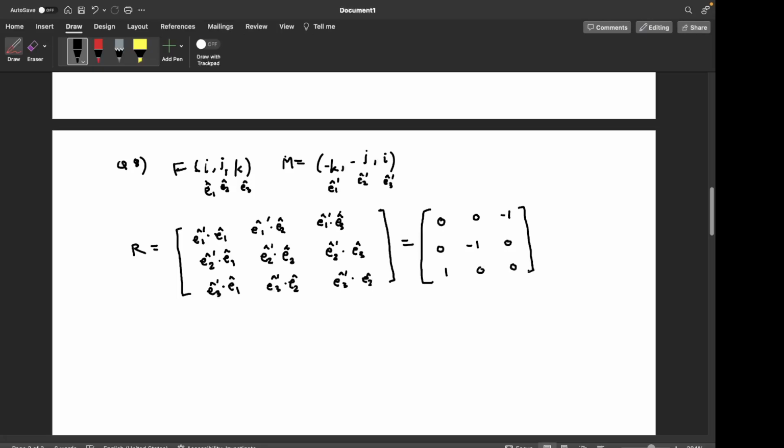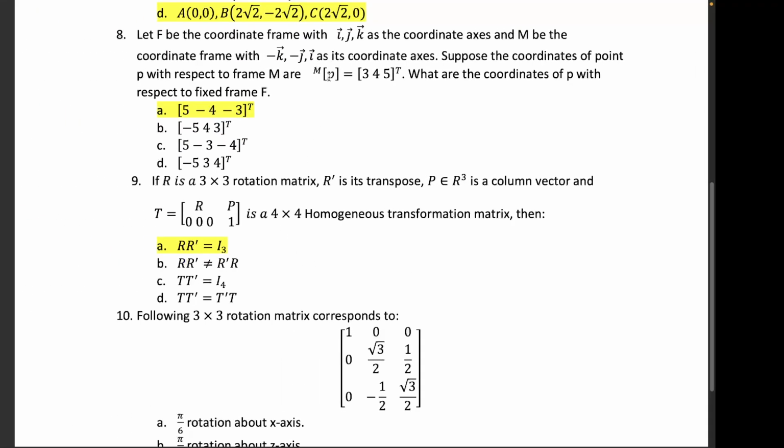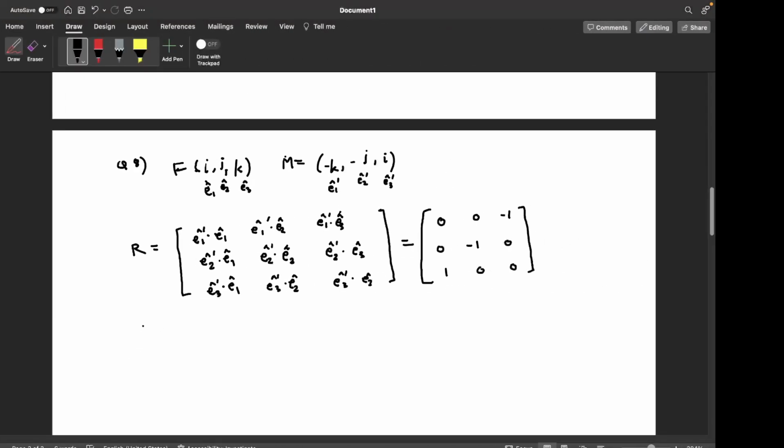Right, and now the point that we had was to express the coordinates of point P in M frame. The coordinates of point P in M frame is given by 3, 4, 5, and we need to find the coordinates of P in F frame, right?